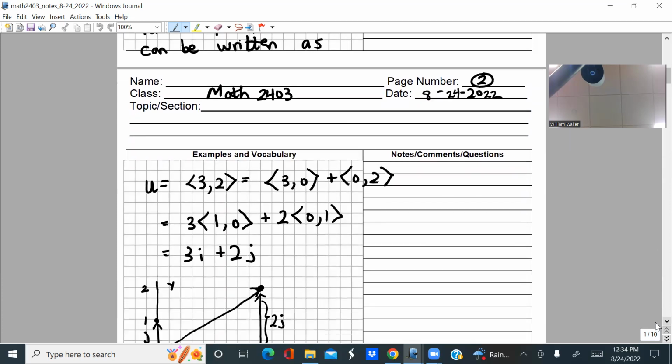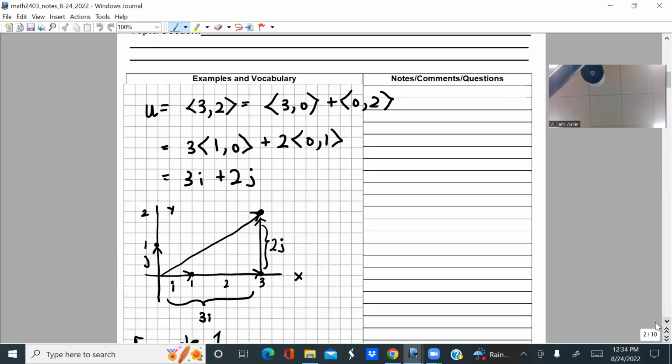Here's kind of a picture of what I just said. If that's the original vector u, we can write it as a combination of a multiple of the vector I and a multiple of the vector J. It's almost trivial.